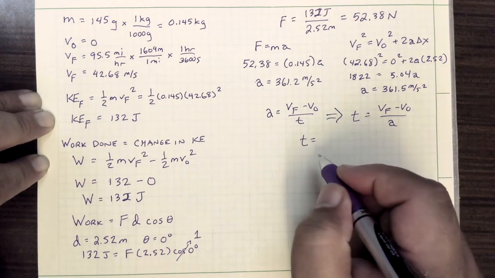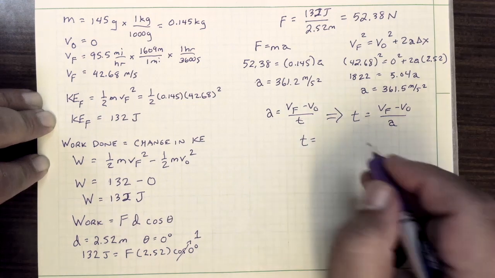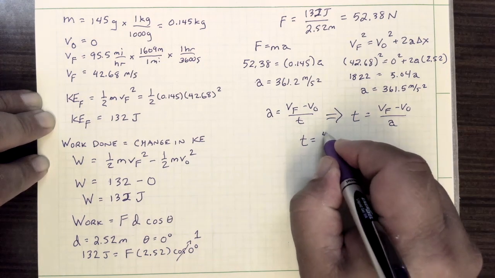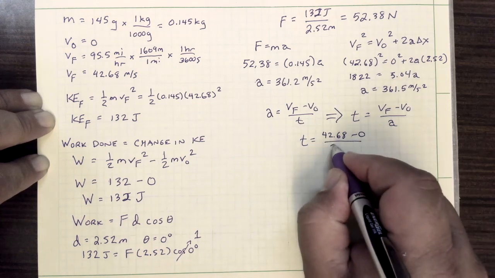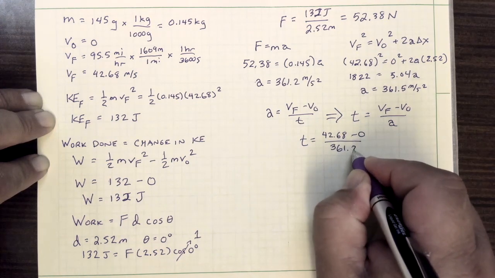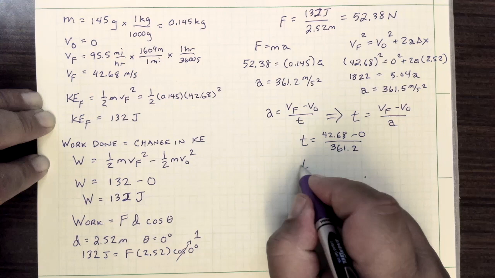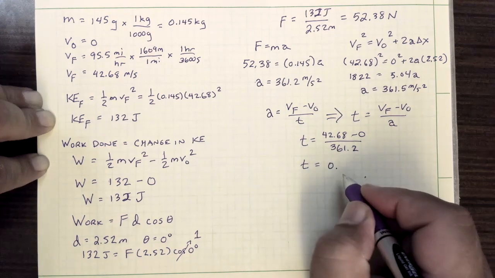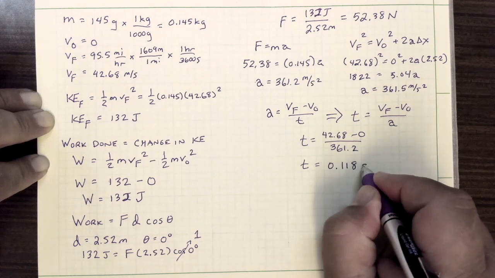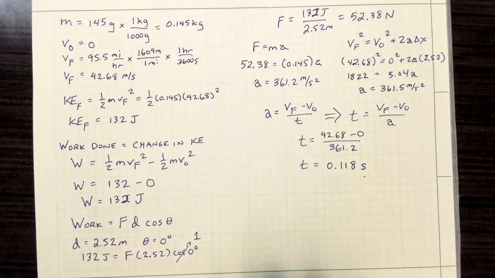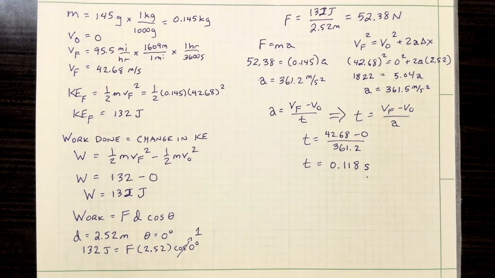And so the time that the ball is in the pitcher's hand is going to be 42.68 minus 0 divided by 361.2, and that gives us a time in the pitcher's hand of 0.118 seconds. So a little bit over 1/10 of a second for the ball to be in the pitcher's hand.